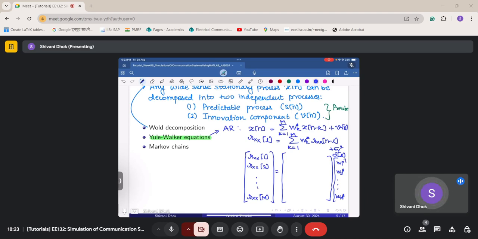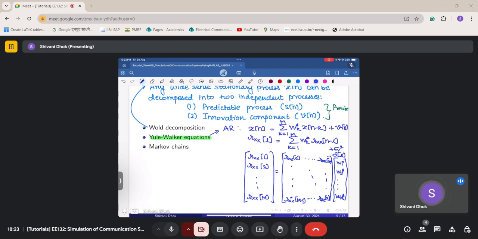And we can fill in the entries that are here. Let's say it is rxx of 0 and so on till rxx of m minus 1. And similarly, I'll have rxx conjugate of m minus 1. So basically, this is a Hermitian symmetric matrix, rxx of 0. And the remaining we can fill in.